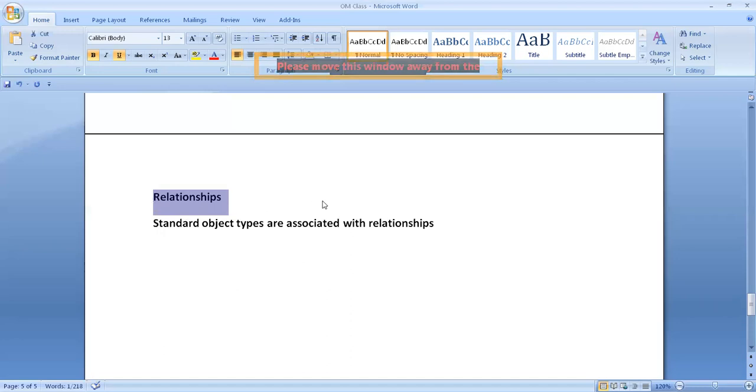Because it's part of OM, you can also call them OM relationships.